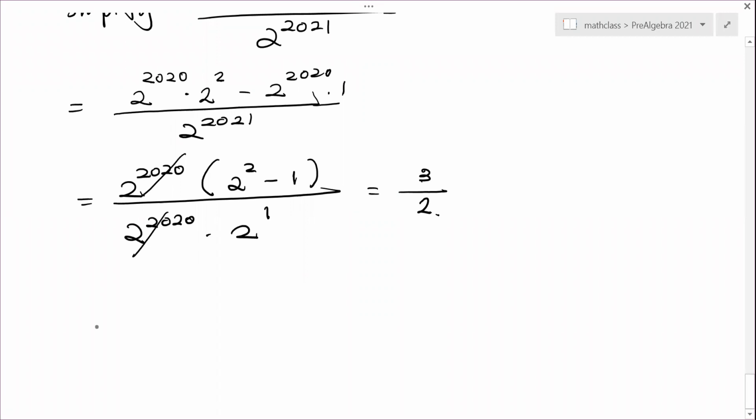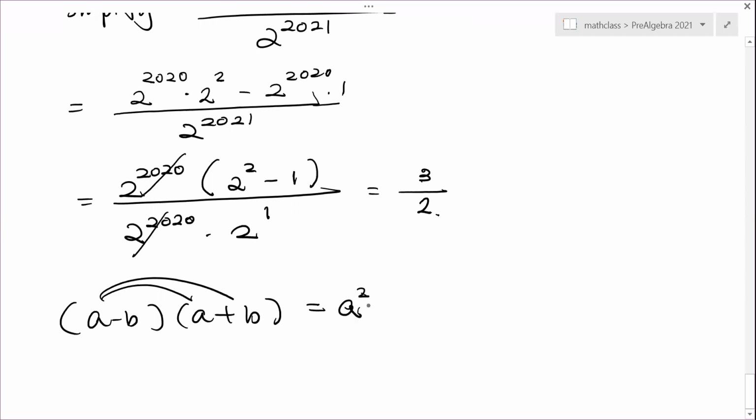Now, I think we have the following formula. If A minus B and A plus B, let's do the multiplication of this formula, right? So A times A is A squared. A times B will be AB. B times A will be negative BA, and B times B will be negative B squared.